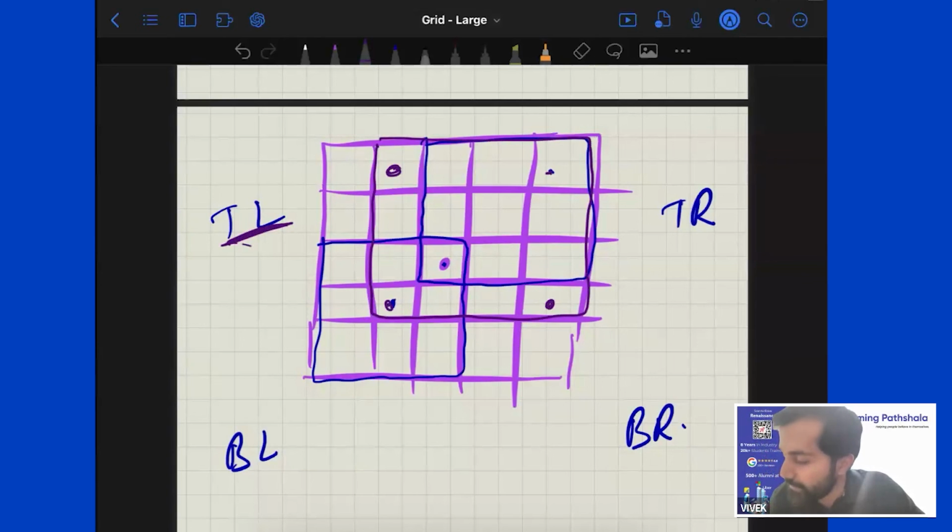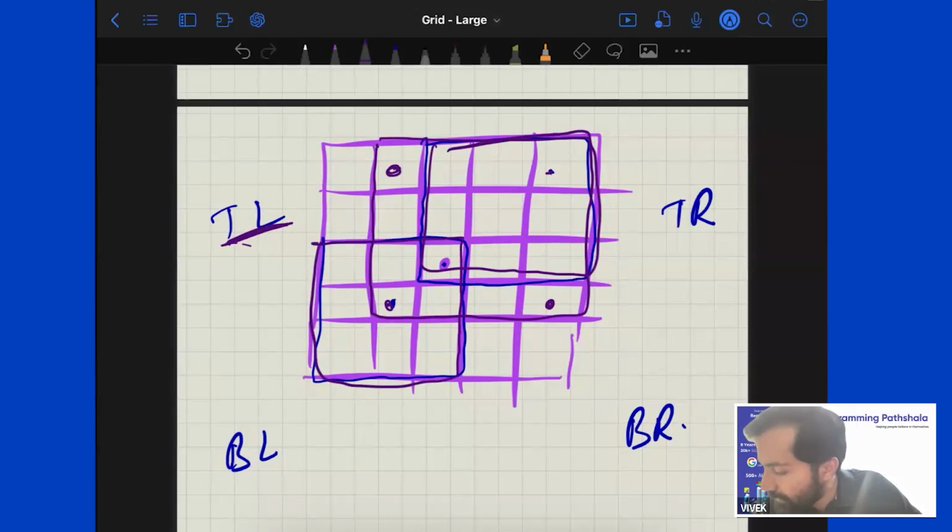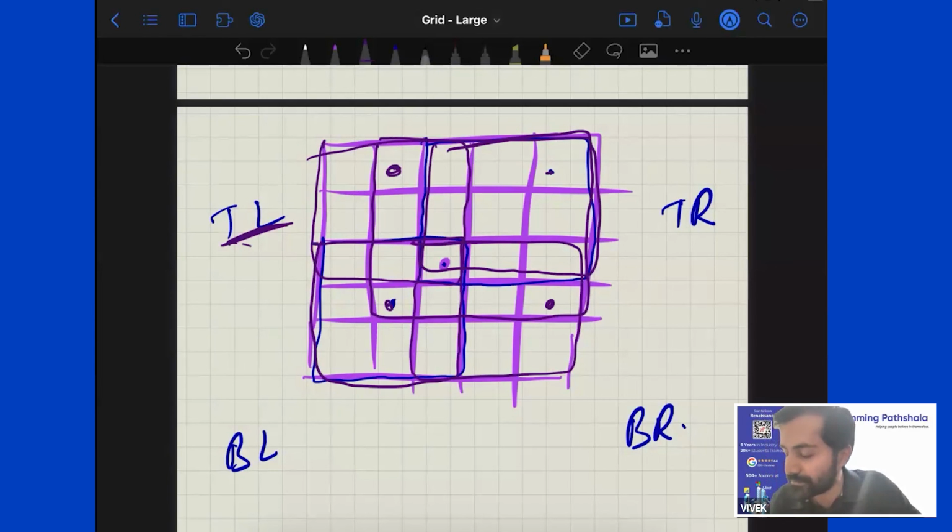Because any submatrix whose top right is in this part and bottom left is in this part has its top left in this part and bottom right in that part. So if you consider this, you have already considered that. Is that making sense? Yes or no? And you will see that even if you go by what you are saying, you will get the exact same formula.